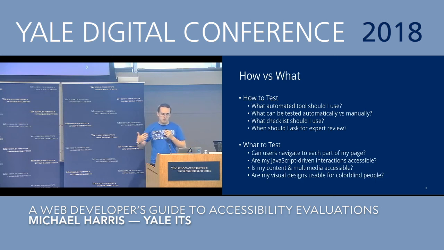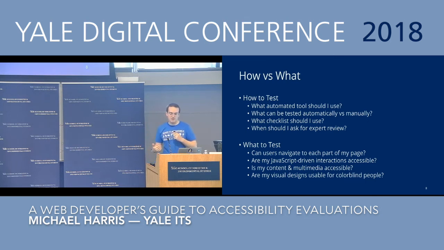If you're thinking about what to test, you could say, can users navigate to each part of the page? Are my JavaScript-driven interactions accessible? Is my content and multimedia accessible? Are my visual designs usable for people with color blindness? What we can see with these questions is that the how to test answers are varied.